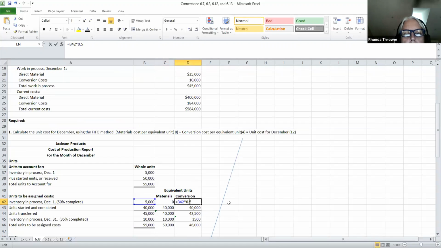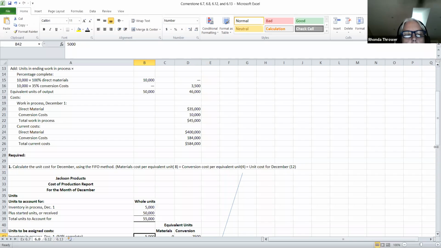What we'll have to find is our conversion units. Notice that what I did is I took 5,000 units, which is our whole units, and I multiplied it by the conversion cost percentage.